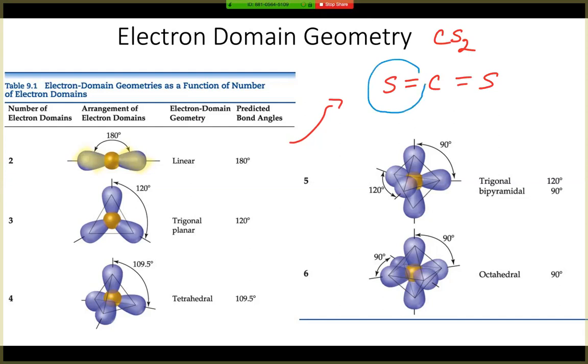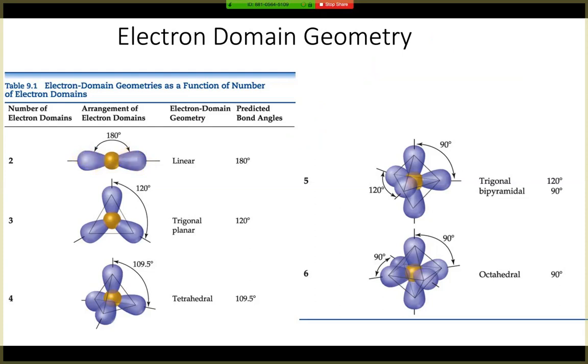That would be considered 1 electron domain around the center carbon, and the other double bond would be the 2nd electron domain around that center atom. So it's not necessarily the number of bonds. We want to think of them as areas of concentrated electron density, and that's what we're counting up. That would be an example of a linear molecule.